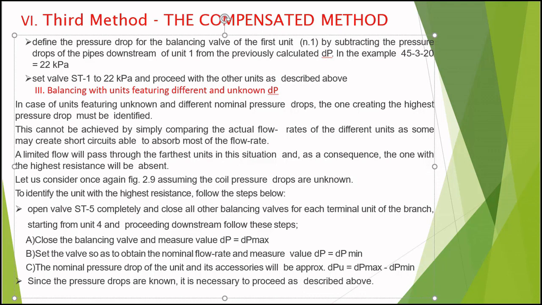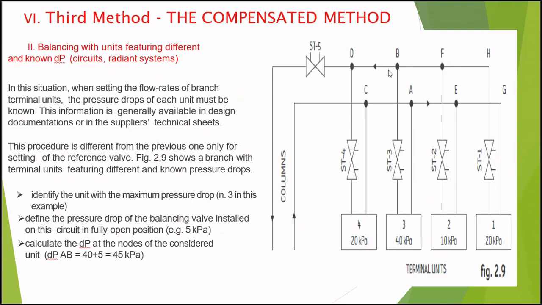First, we have to open the valve ST5 completely and close all other balancing valves for each terminal unit of the branch, starting from unit 4 and proceeding downstream. So we have to open ST5 balancing valve fully, and we start to close, for number 1, ST4, which is the closest to ST5.